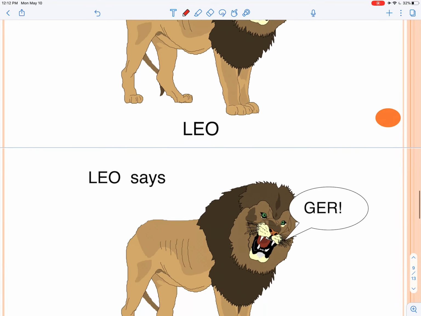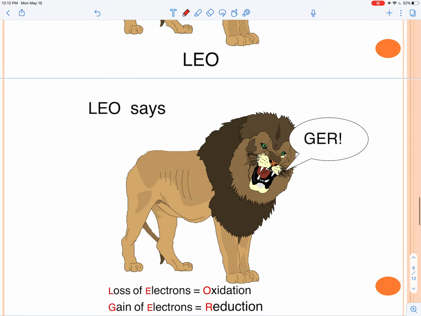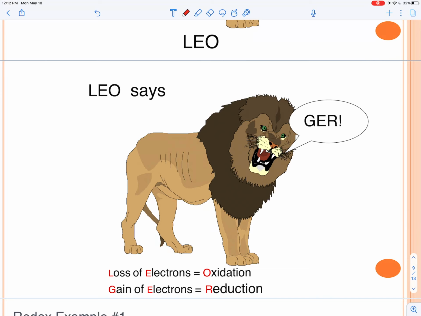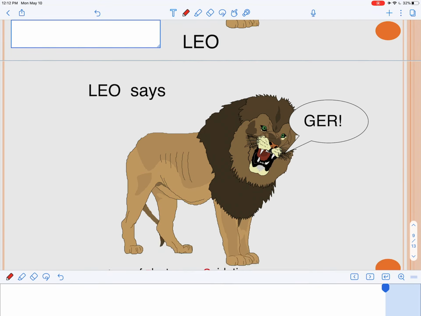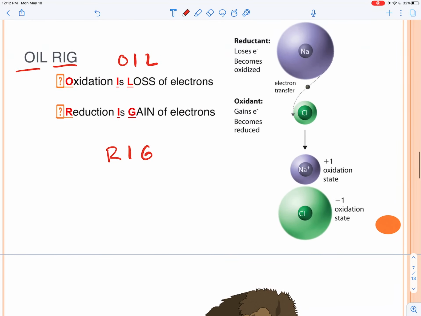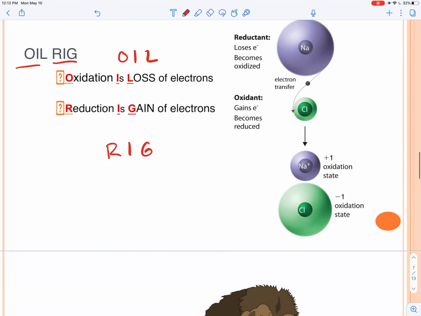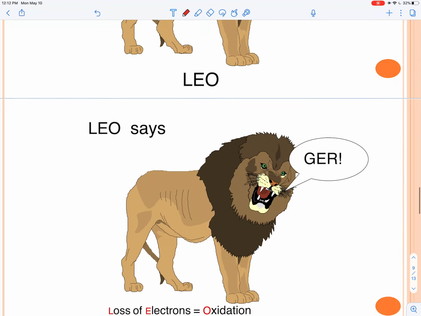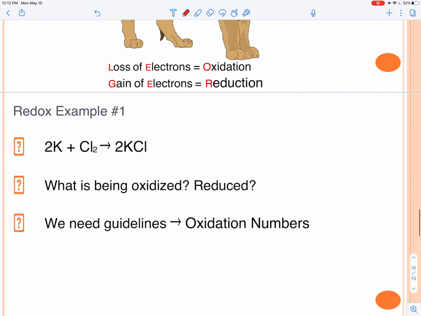And what does the Leo say? Grrr. So the loss of electrons, Le, is oxidation, or gain of electrons is reduction. Feel free to use whatever works for you. I myself prefer oil rig, but this will help you figure out which is which, okay?